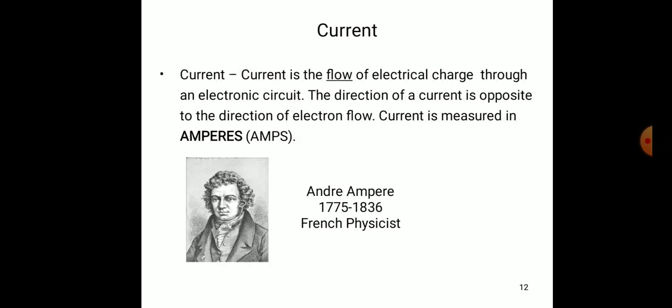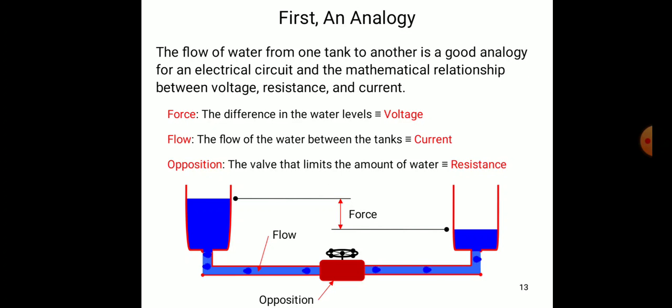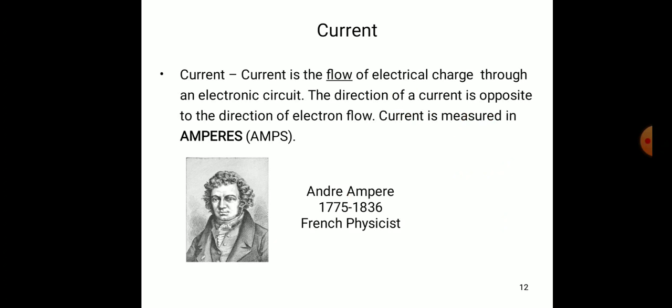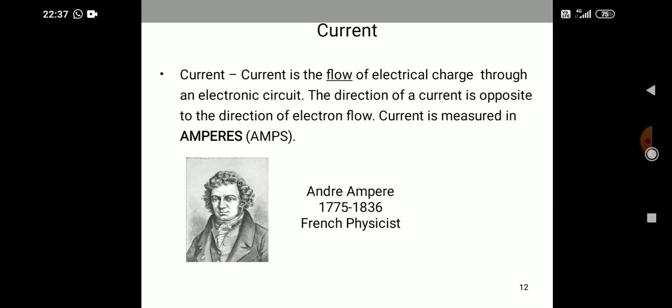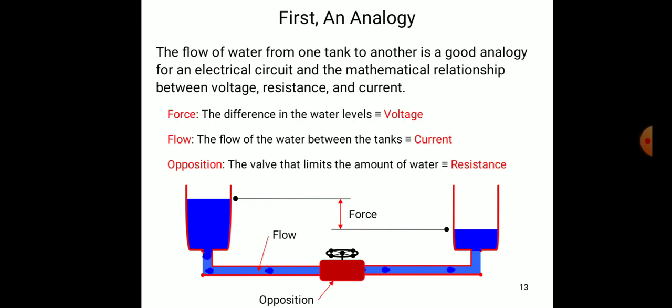Next, the current. The first analogy you can see, how it is going. You can see volts, and then current. In the analogy, the flow of water from one tank to another is a good analogy for an electrical circuit, and the mathematical relationship between voltage, resistance and current.